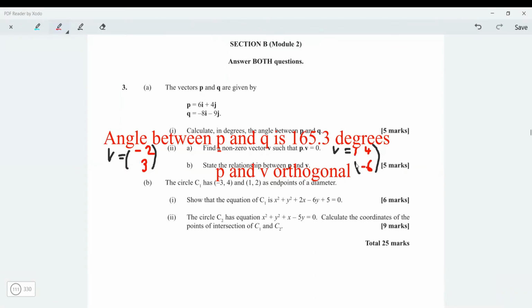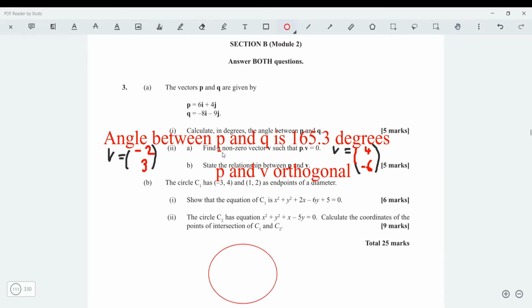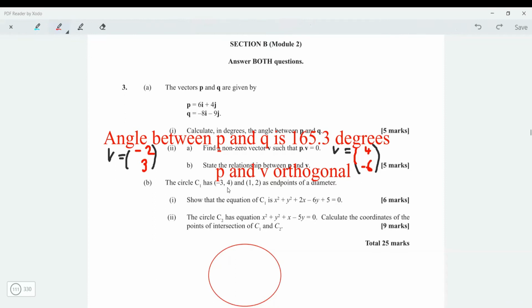All right, so now let's wrap it up. It says the circle C1, with minus 3, 4, and 1, 2, as endpoints of a diameter. So what they're telling you is they give you a circle and they give you the endpoints of the diameter, minus 3, 4, and 1, 2.